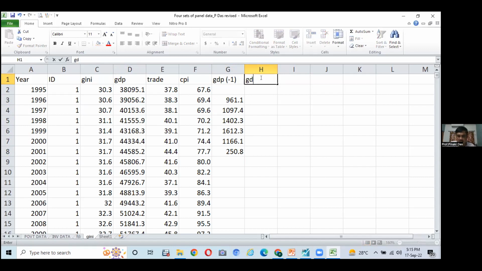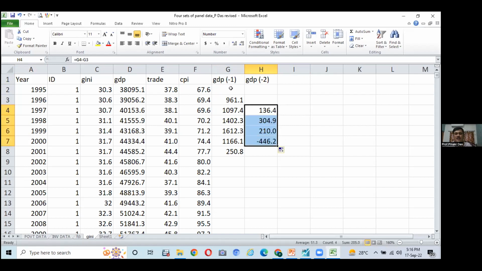GDP minus 2. Second difference means again the successive difference of the first difference. That is, if we subtract this value and its previous value, then this particular value is treated as the GDP minus 2.